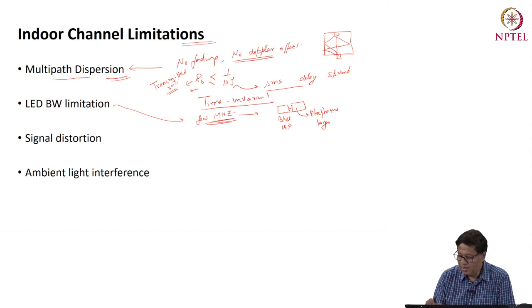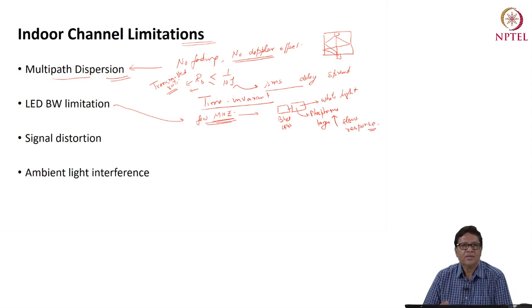When the blue light passes through the phosphorus layer, which is yellow in color, it gives you white light, which is actually required for illumination. But the problem is that it has a slow response, which reduces the modulation speed of the device.